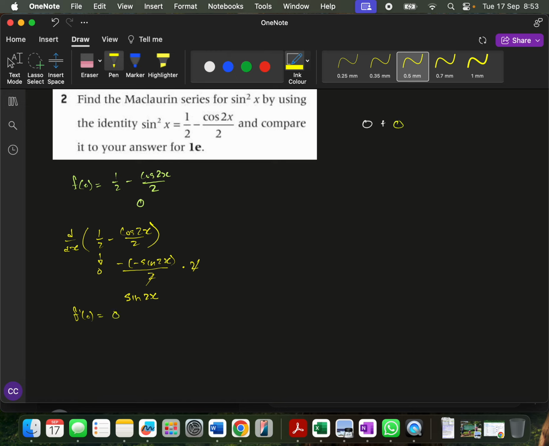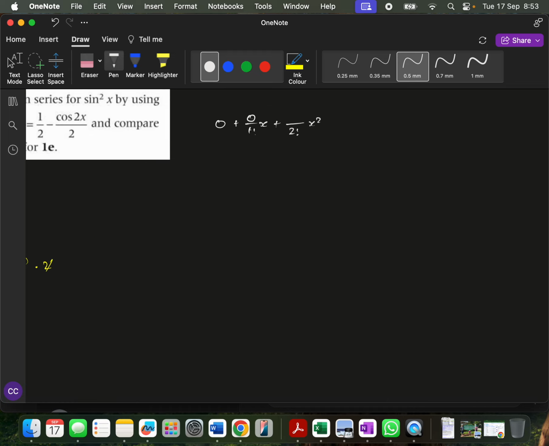So the second term is 0. Let's do that officially: 0 over 1 factorial x, and the next one is over 2 factorial x squared, then over 3 factorial x cubed, over 4 factorial x to the 4th, over 5 factorial x to the 5th, and then over 6 factorial.